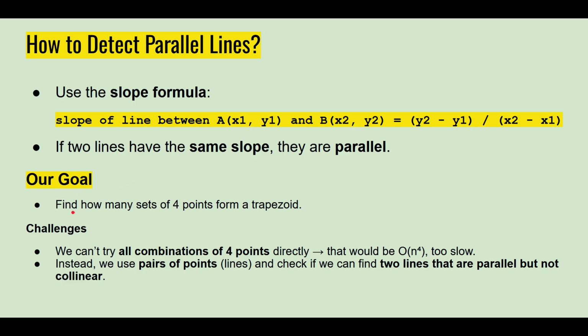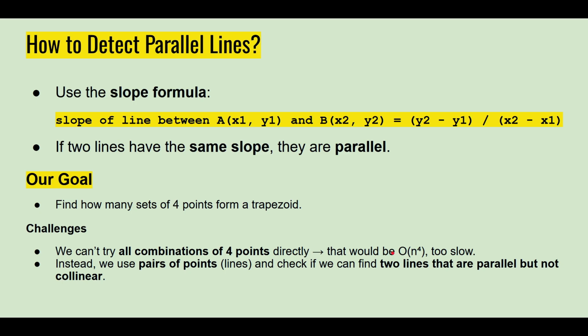So what is our goal? We have to find how many sets of 4 points form a trapezoid, and return that count, right? So what is the challenge here? We can try all the combinations of 4 points directly. That would be O of n to the 4, because out of n points we have to check all combinations of 4 points.